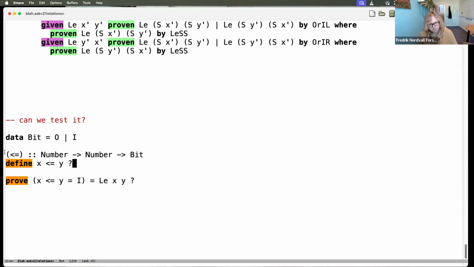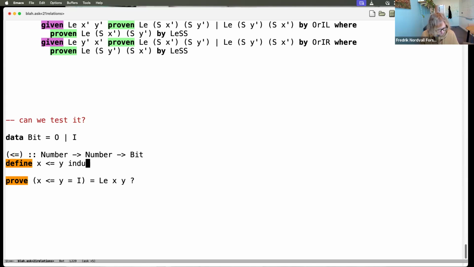And this thing where you write an infix operator in a set of parentheses is a way of turning an infix operator into a prefix operator, or just treating it like an ordinary name. So if I don't want to fill in both inputs, if I want to talk about the thing itself, I put it in parentheses. So I'm saying less than or equal is an operator which takes 2 numbers and gives you a bit.